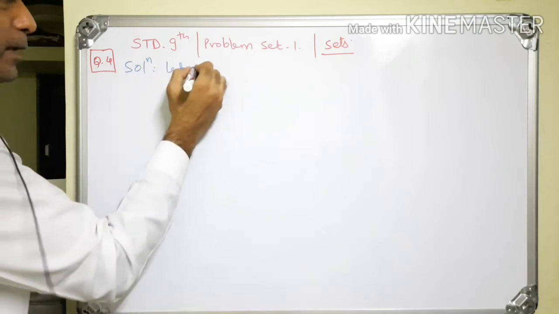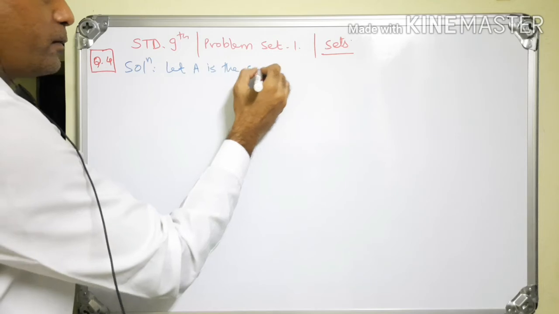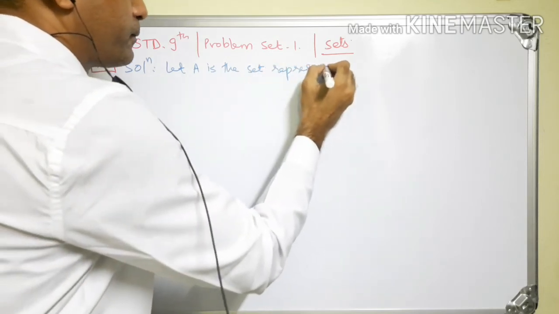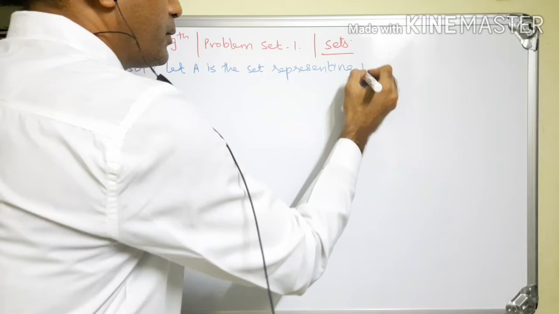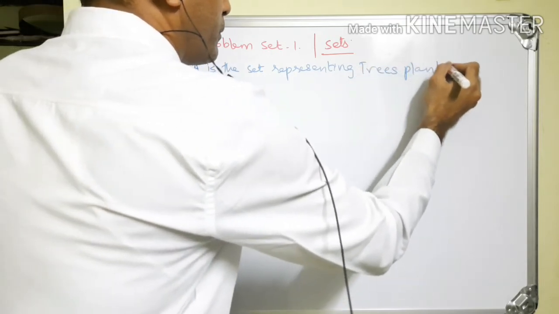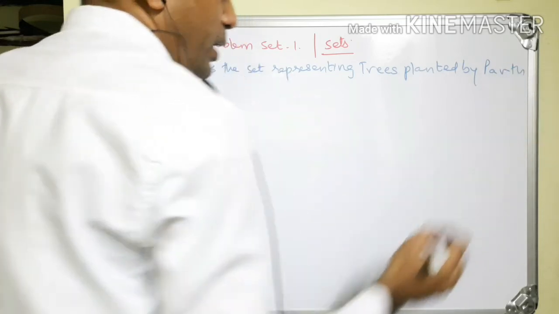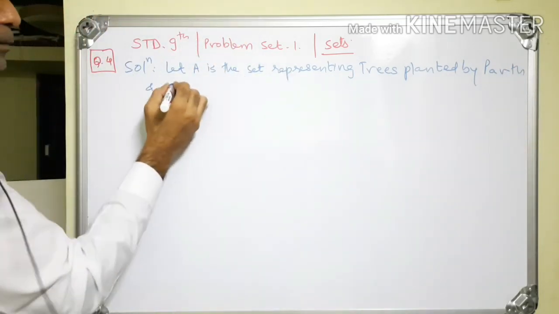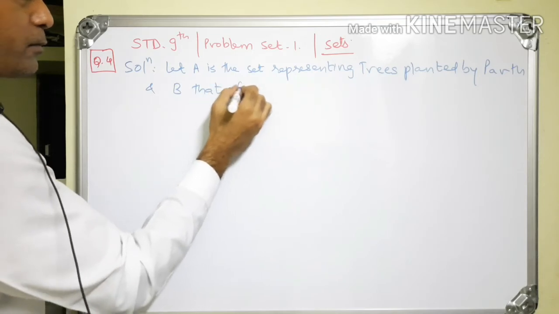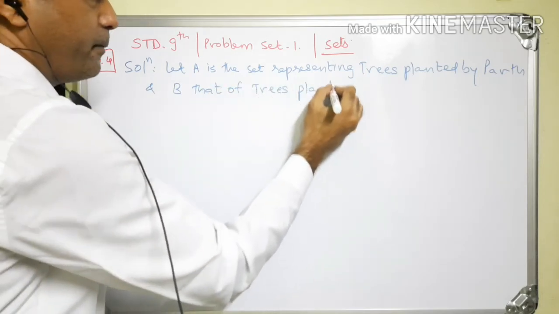Let A be the set representing trees planted by Parth, and B that of trees planted by Pradnya.